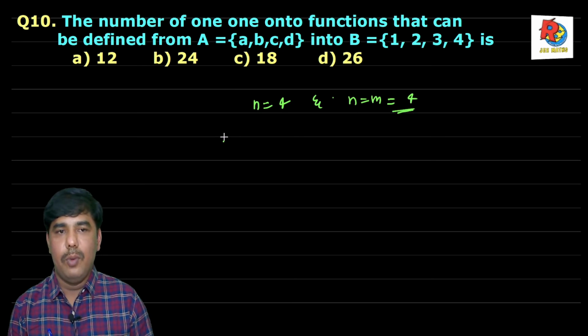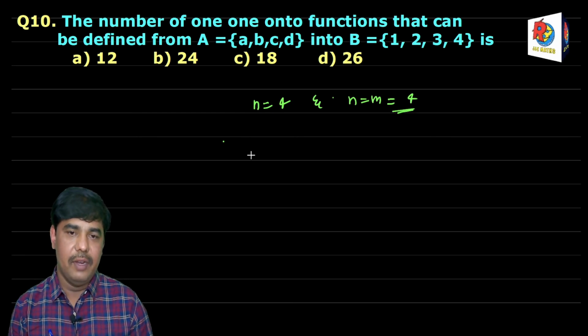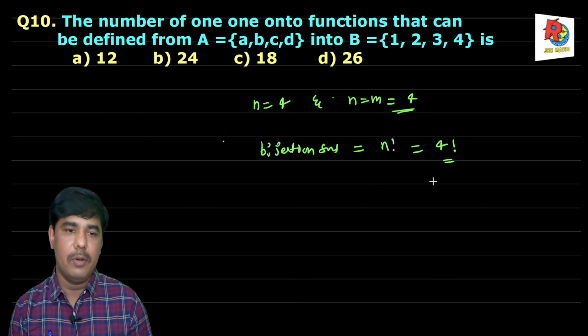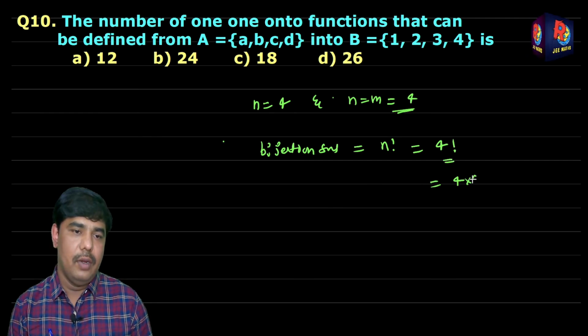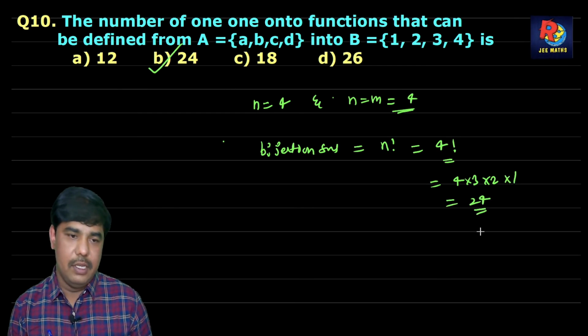We need to find the number of one-one and onto functions, which is nothing but bijections. So bijection functions equals n factorial. With n equal to 4, that is 4 factorial, which is 4 into 3 into 2 into 1, nothing but 24 is the answer. Option B is the correct answer.